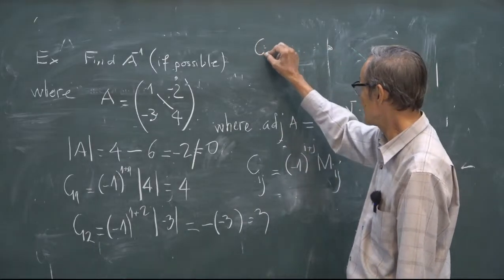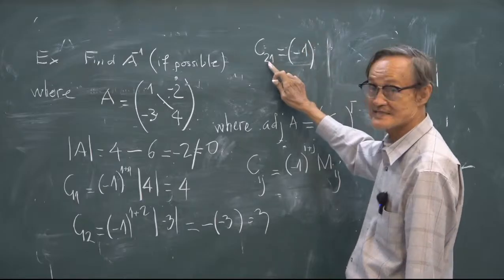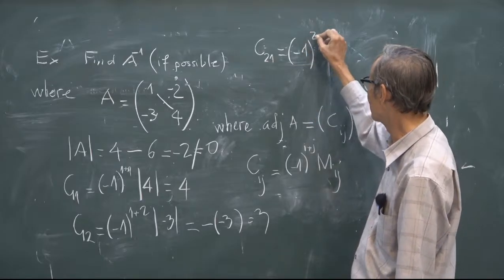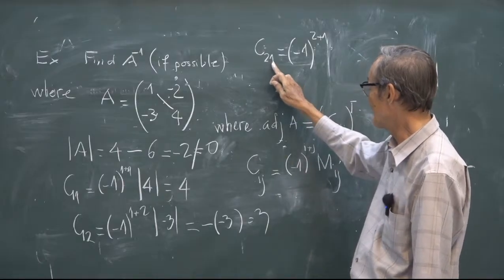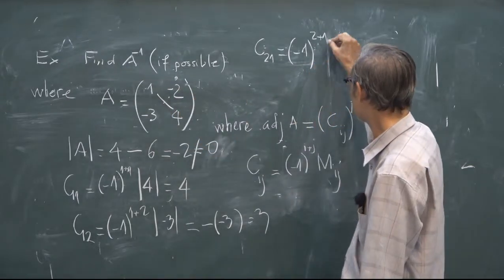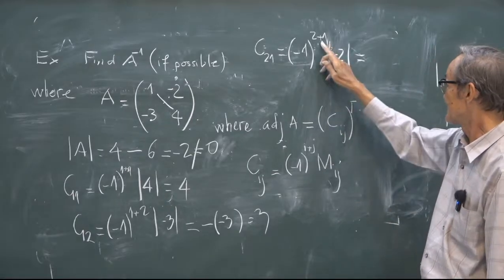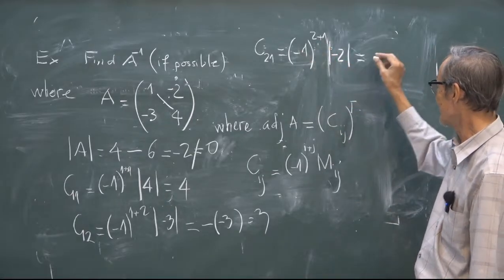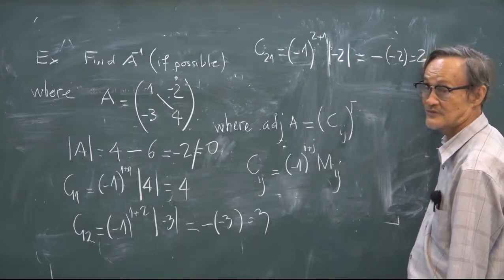And C21: minus sign to the power 2 plus 1. Delete row 2, column 1. We have 2, minus, so itself minus 2.